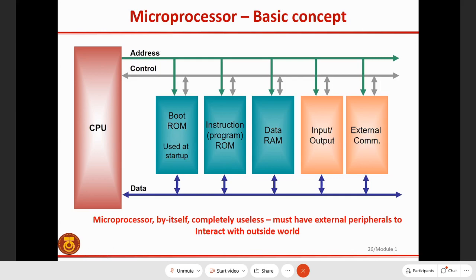Let's say you write a program: please do the add operation, 5 plus 5. Where do you write the program? Of course you write it on your interface, in your computer. But where is it being stored? After you write the program, you store it here in the instruction program memory. And where is it? It is in ROM.